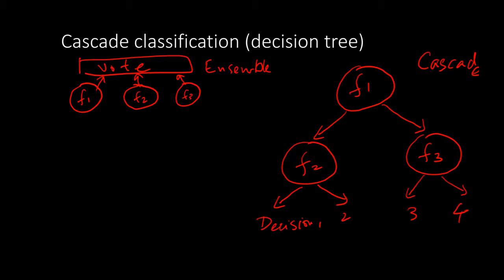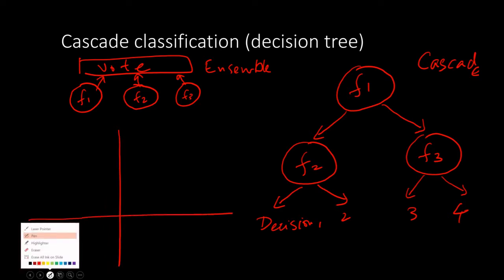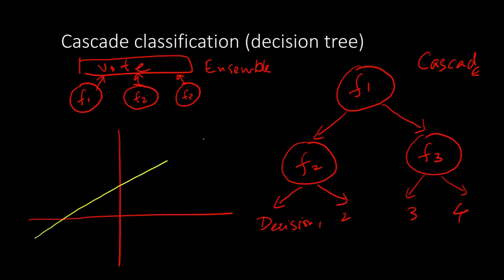Each of these classifiers in the cascade might be a weak classifier, but when we combine them in a cascade, they may give us better decisions. For example, let's look at linear classifiers. We have one linear classifier, which is F1.